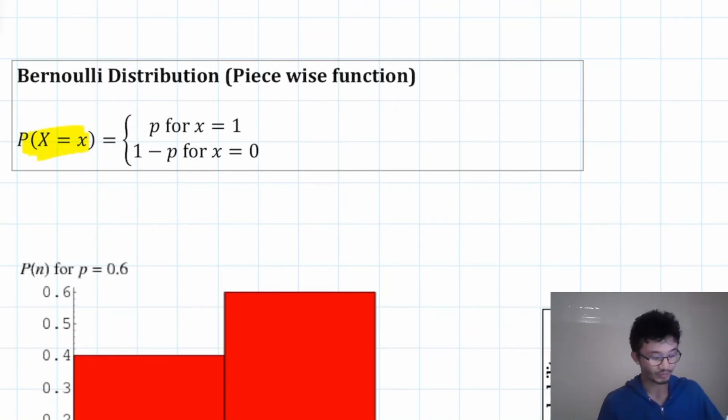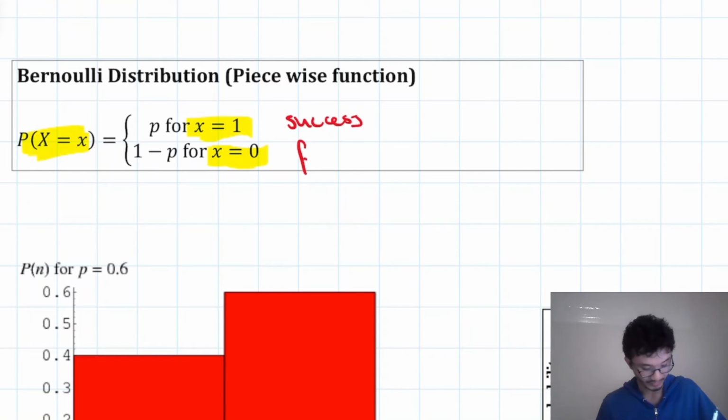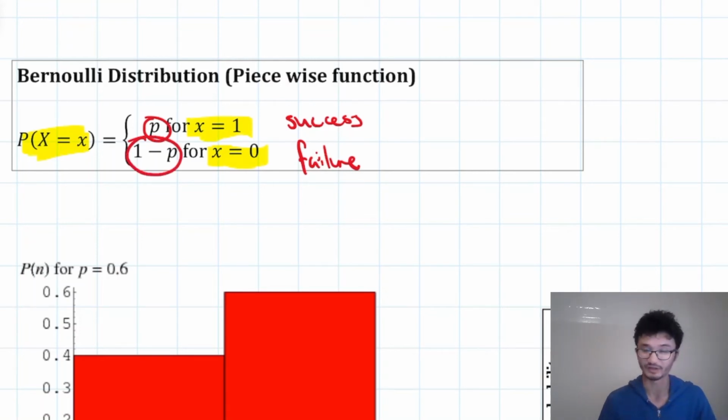And we look at over here, x equals 1 and x equals 0. So remember, we're talking about success and failure, right? And so the probability for that particular success, p, that's the probability that we get a success. And so naturally, with the complementary rule, 1 minus p, that's the chance for failure, because those are the only two things that can happen.